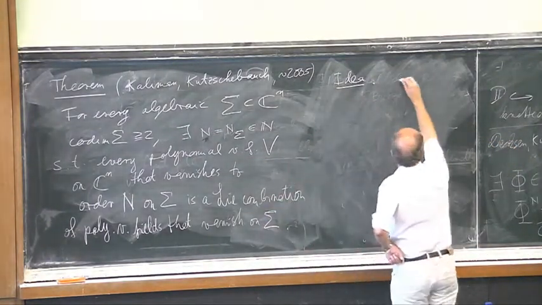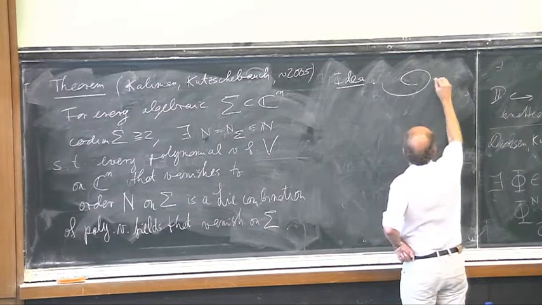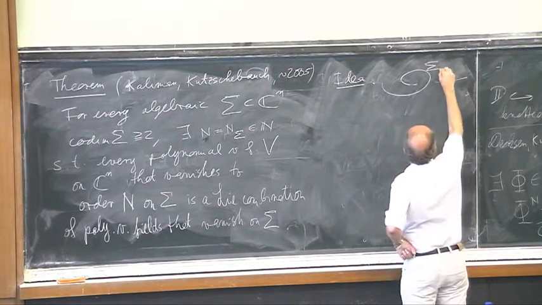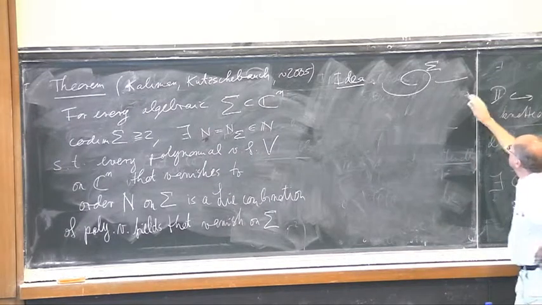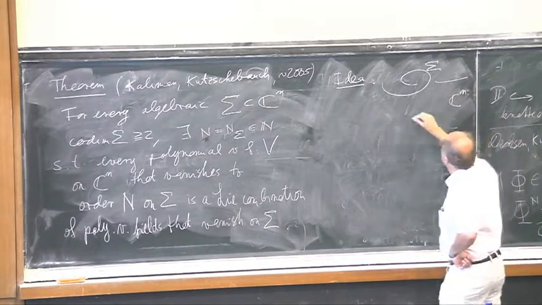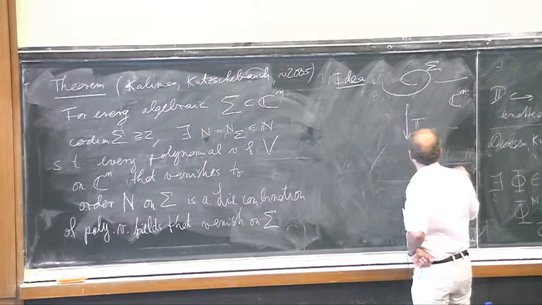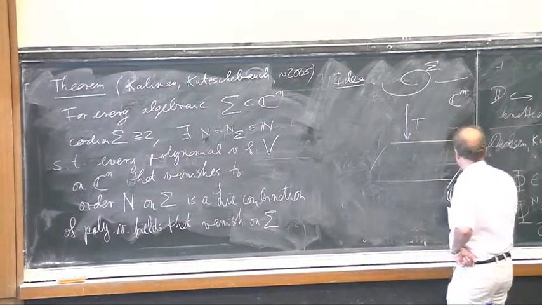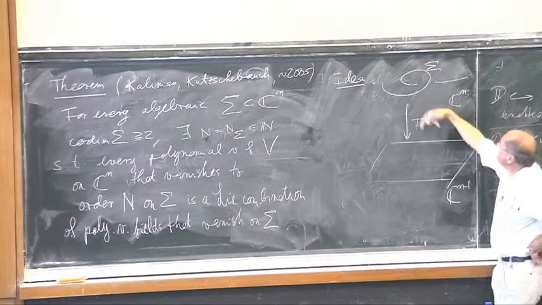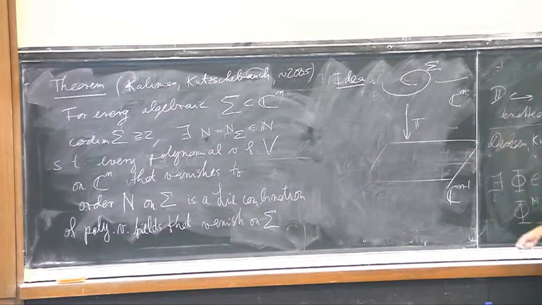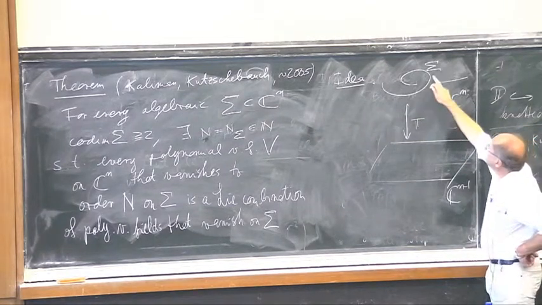It's very simple, actually. Imagine you have this sigma upstairs, in Cn. And now you have many linear projections from Cn to Cn minus 1, which are proper when restricted to sigma.